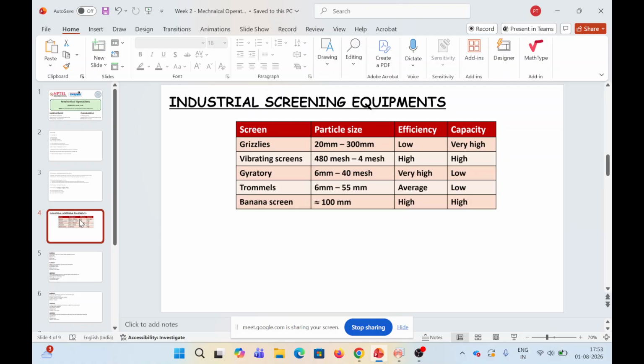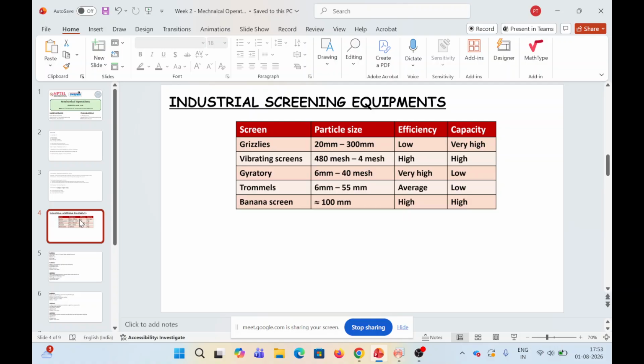The major basis of classification for this kind of screen is the size of the particles. Whether the particle is going to be a coarse particle, a fine particle or an intermediate particle is what determines what kind of screen can be used. You can easily see here that if you have particle size within the range of 20 to 300 millimeters, you go for grizzlies.